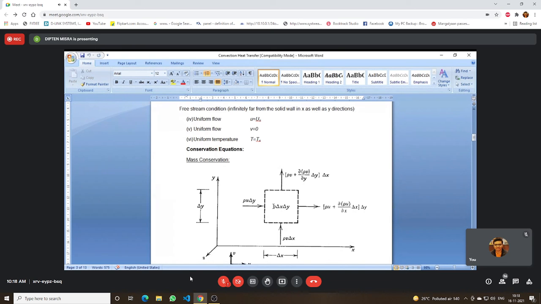The mass at any instant of time is given by rho into delta x into delta y into 1. Delta x into delta y into 1 is the volume of this control volume, multiplied by the density, which gives the mass within this control volume.